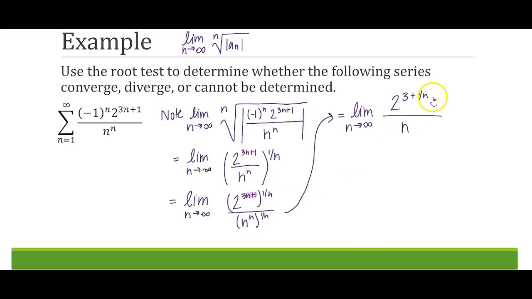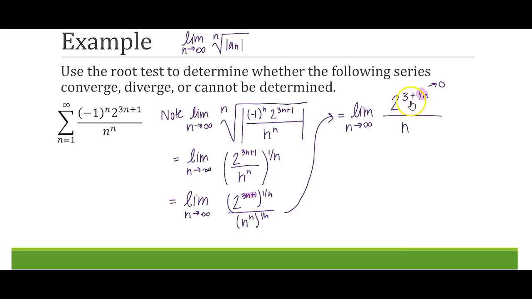Now, as n approaches infinity, I have two n's here, so I want to analyze what's happening up here in the exponent. Well, if n approaches infinity, in this small rational piece, 1 over n, that part is going to go to 0. So the top is becoming just 2 to the third, or just a number. And then here I still have n approaching infinity, so the denominator of the fraction is getting really big.